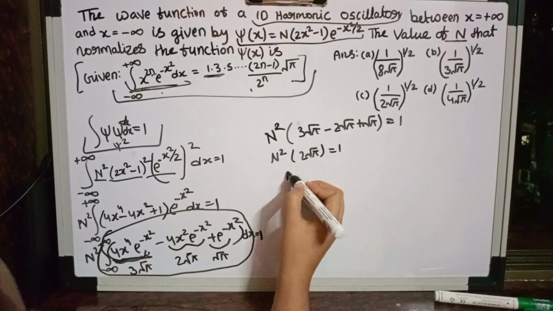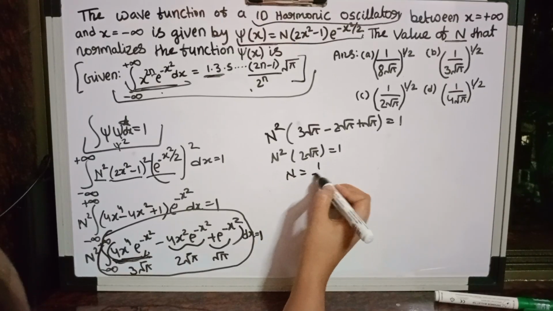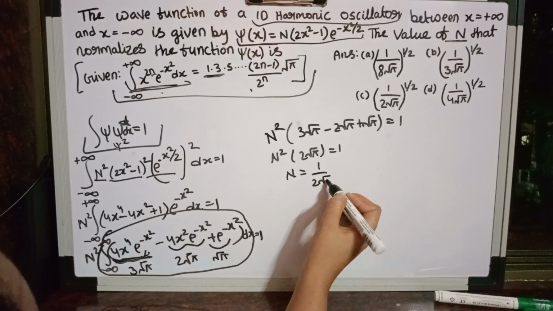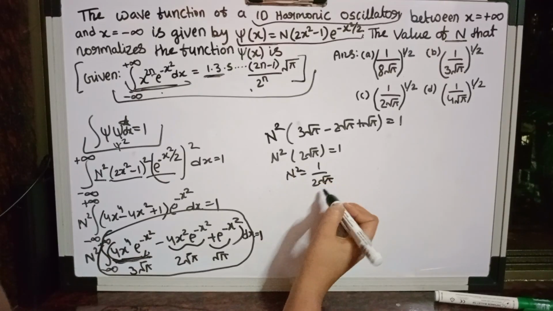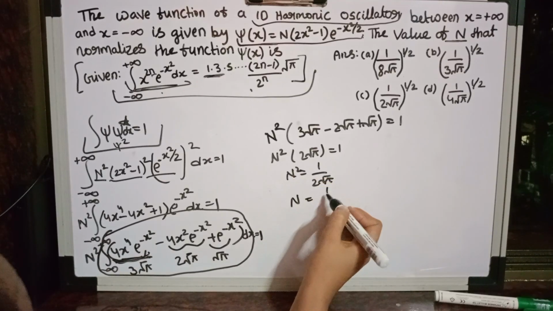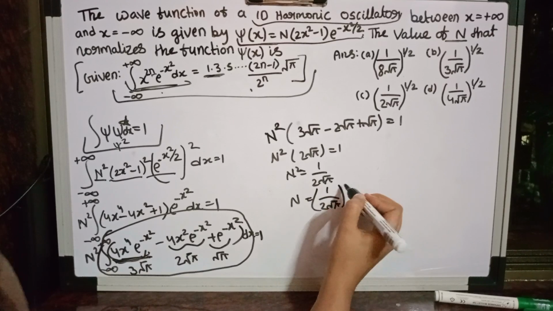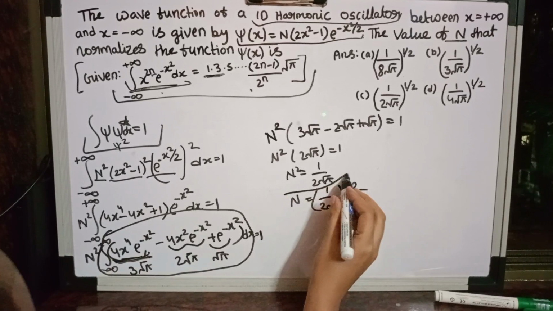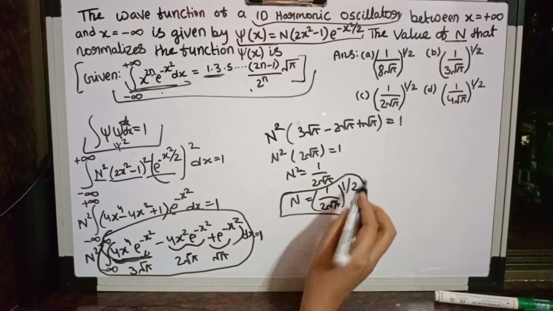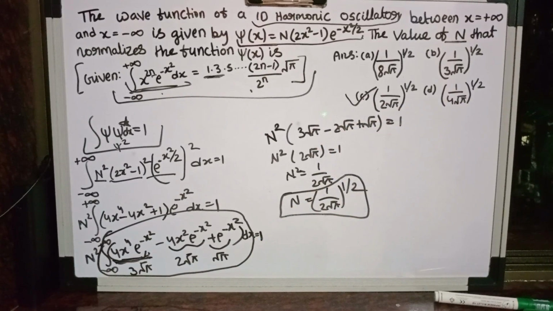N square is equal to 1 divided by 2 root pi. N is equal to 1 divided by 2 root pi, all of this raised to 1 by 2. So this is our answer. So you can see now that this is how easy it is to solve this question.